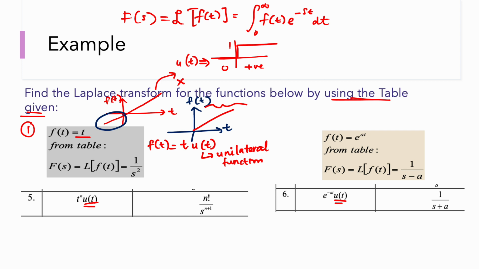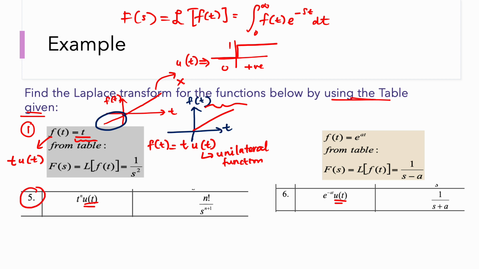So now, getting back to this question, we have f(t) = t, and since we are only considering the positive side, it can also be written as t multiplied with u(t). Now let's look at the table to see which column is relatable or looks similar to the given equation.